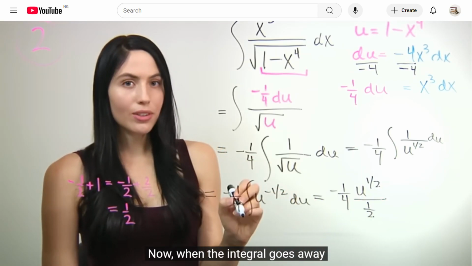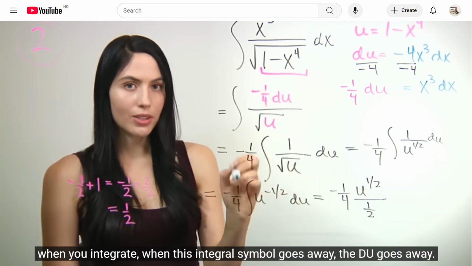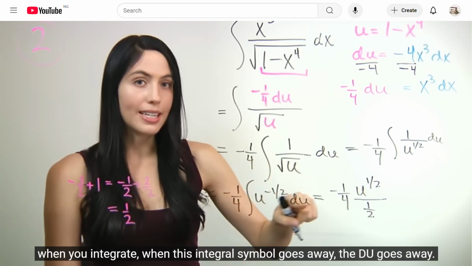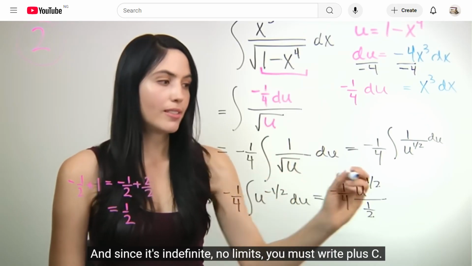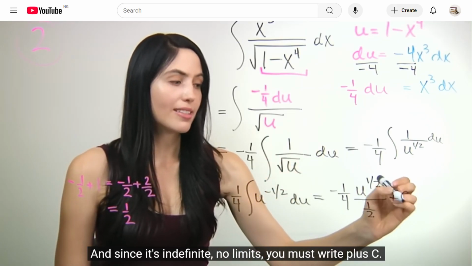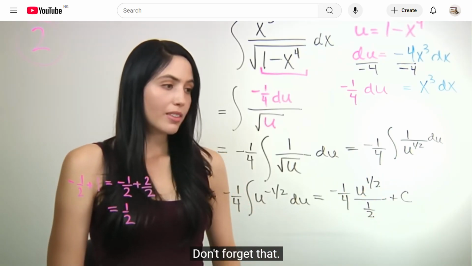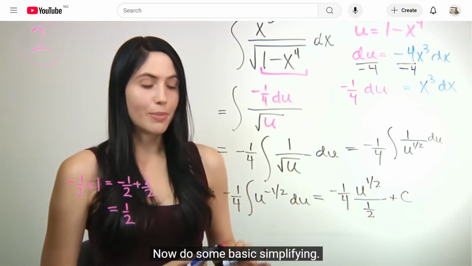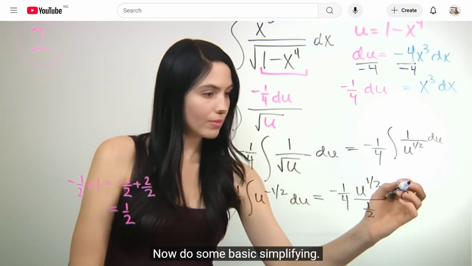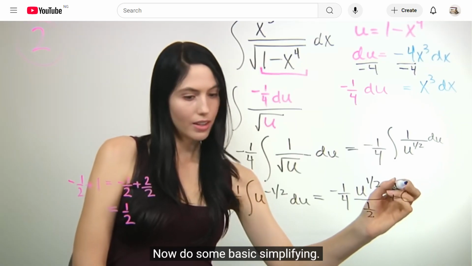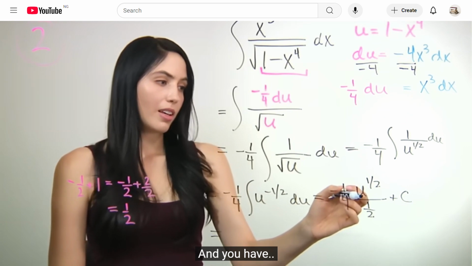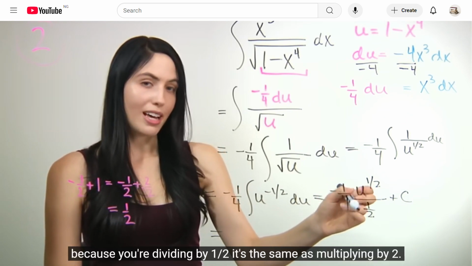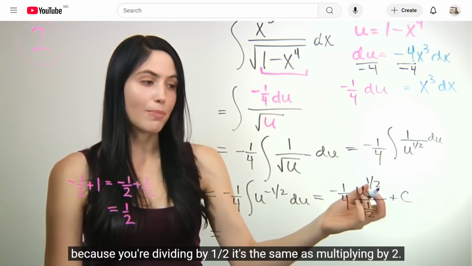When you integrate, when this integral symbol goes away, the du goes away. And since it's indefinite, no limits, you must write plus c. Don't forget that. Now do some basic simplifying. Because you're dividing by 1/2, it's the same as multiplying by 2.